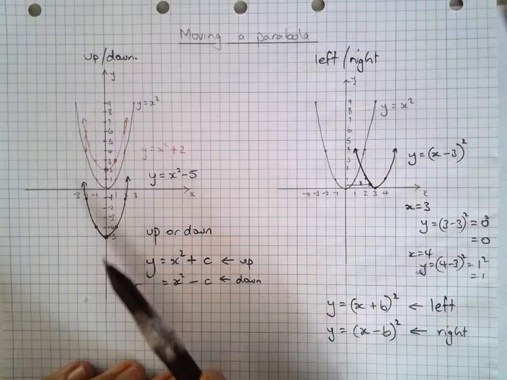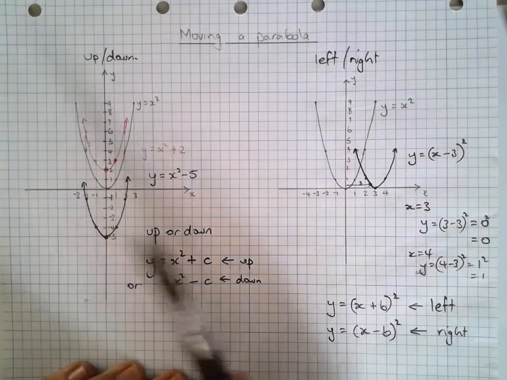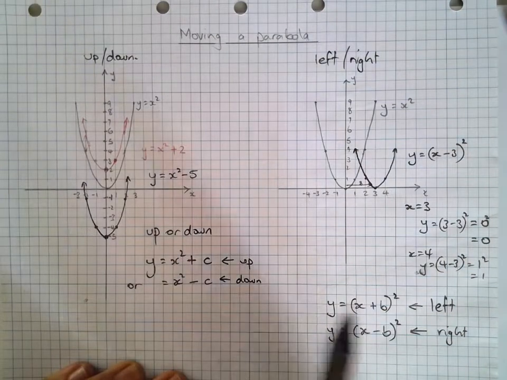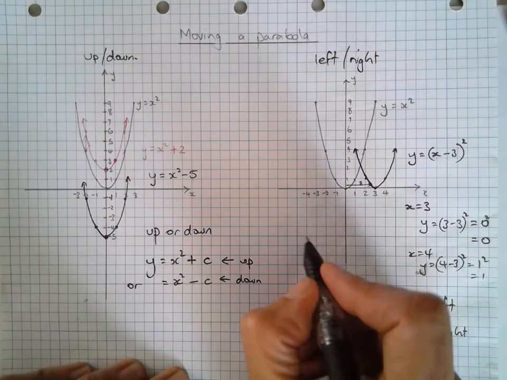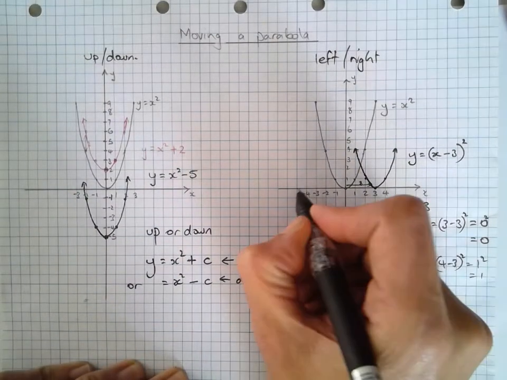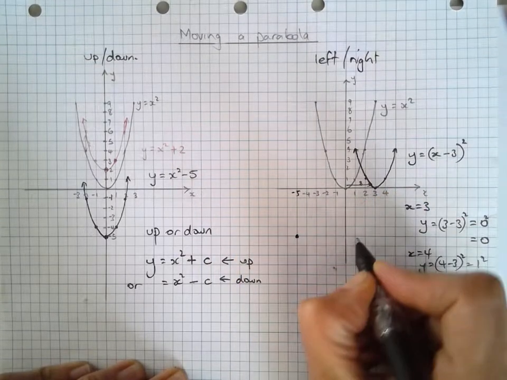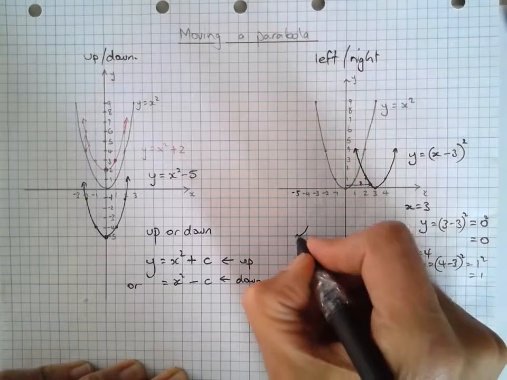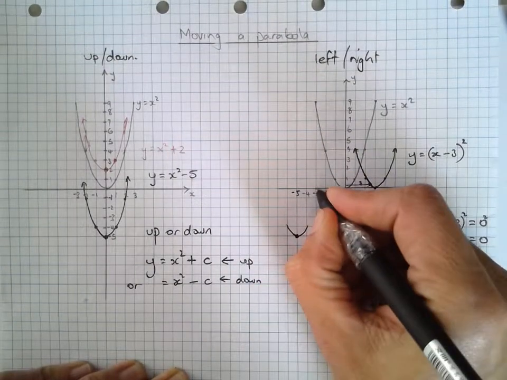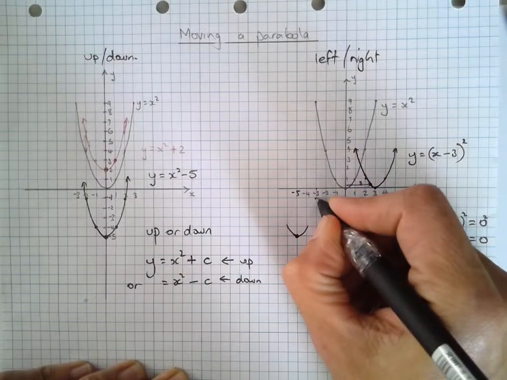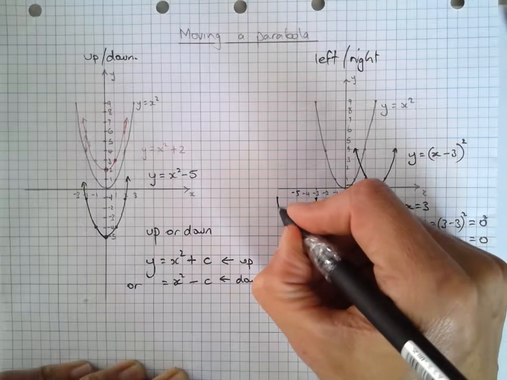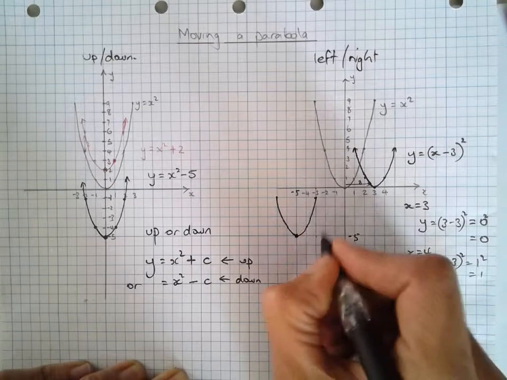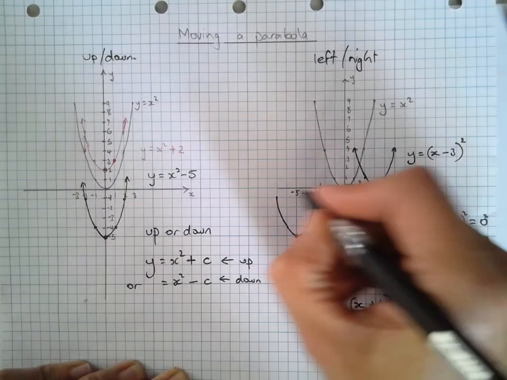Now a combination of these two, up and down and left and right, will allow me to move that standard parabola anywhere. I can move it down to here. Okay, this is at the point -5, and that's also -5. Here's my vertex moved down to there. And again, I'm going across 1 and up 1, across 2 and up 4, across 3 and up 9 if I wanted to extend it all the way up.